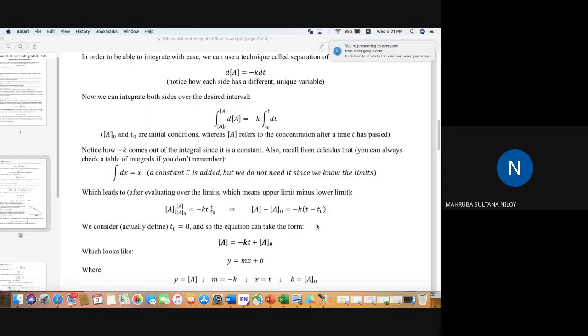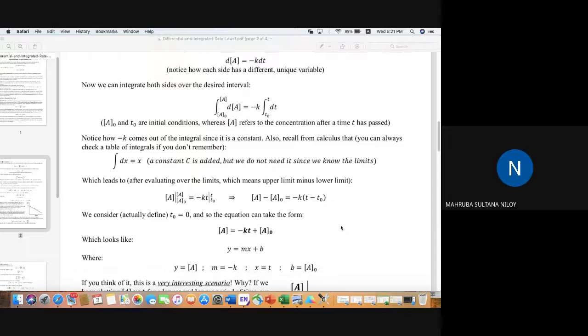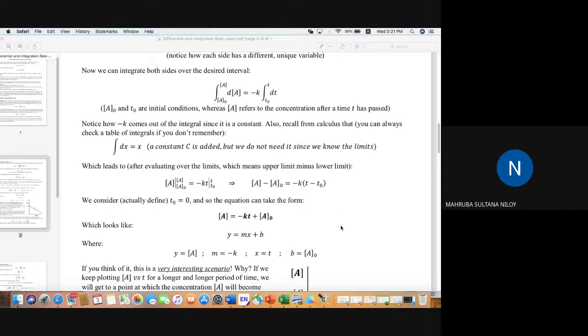Okay, then if we rearrange this equation, we can get something like this. We are just putting A naught on this side. So now we can compare this equation with y is equal to mx plus b. How can we compare this with y is equal to mx plus b?